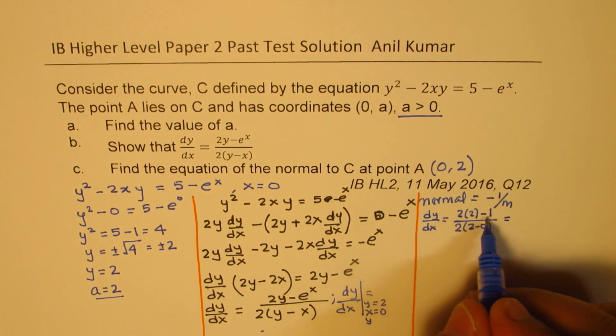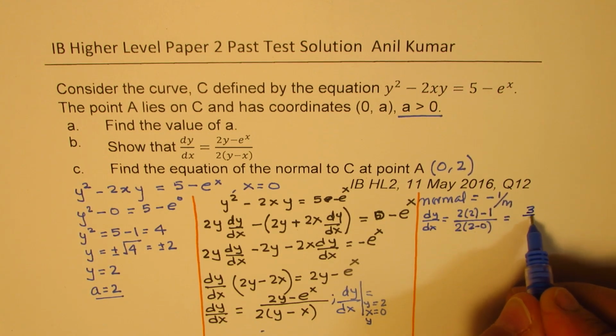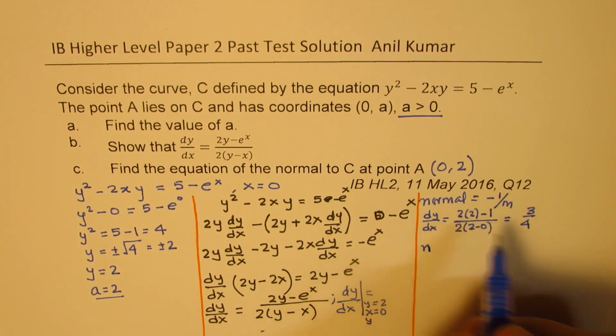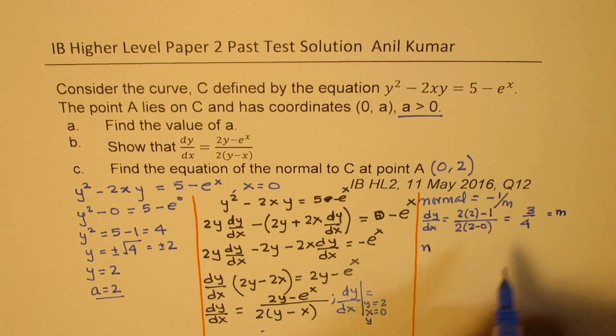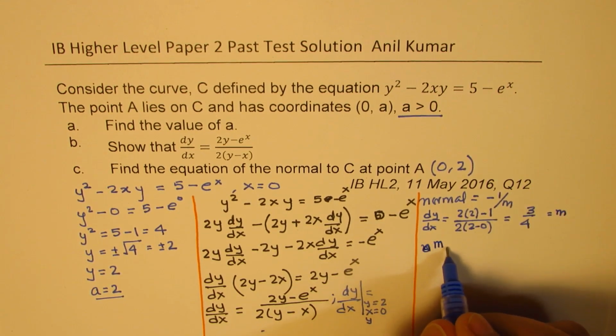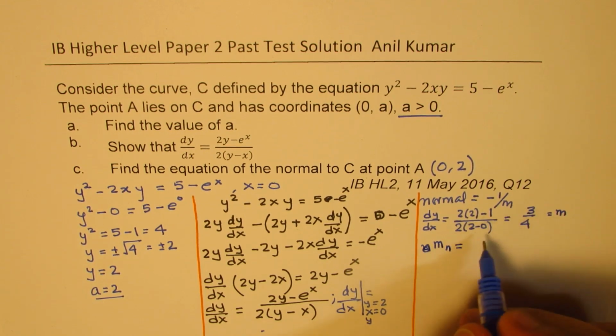So that means 4 minus 1 is 3 over 4. So the normal will be what? This is slope m, right? So the slope of the normal will be the negative reciprocal, negative 4 over 3, clear?